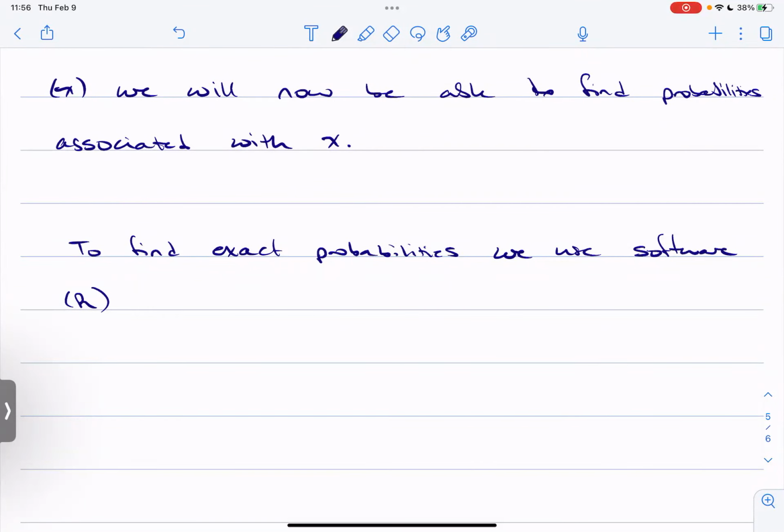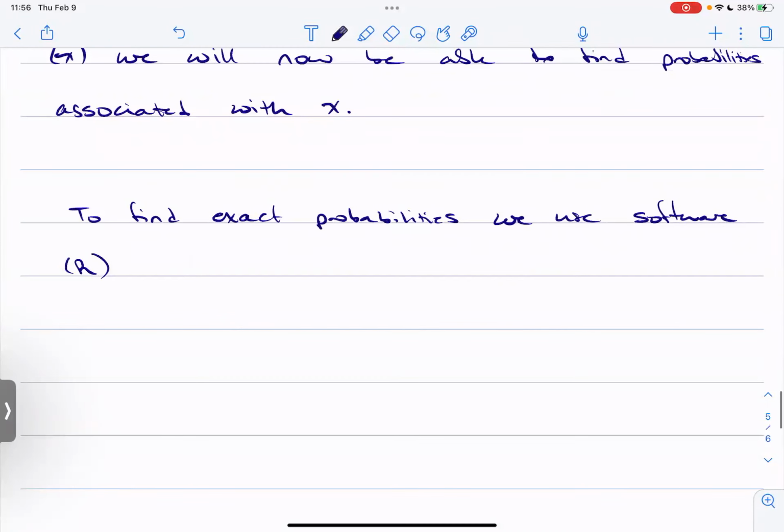You can find online calculators that do it, but any sort of software is fine. So I'm going to show you how to use R, but there's equivalent functions in Excel that are going to give you the same values, maybe more or less decimal places is all. Okay, so to find the exact probabilities, we use software.